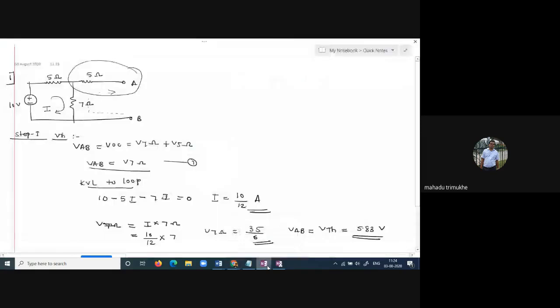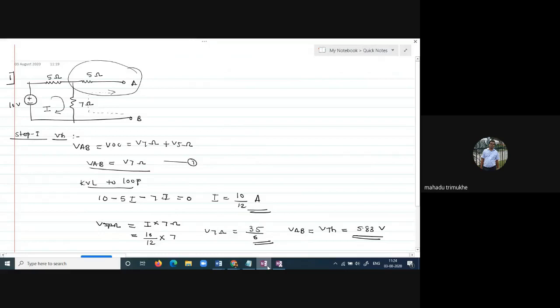This is actually a simple example for an independent source. Why are we not considering the 5 ohm resistor here? Because that terminal is floating. There is no current flowing through an open circuit terminal, which we have already studied in the basic concept of open circuit and short circuit. Only the 7 ohm resistor is present, so VAB is nothing but V7 ohm.